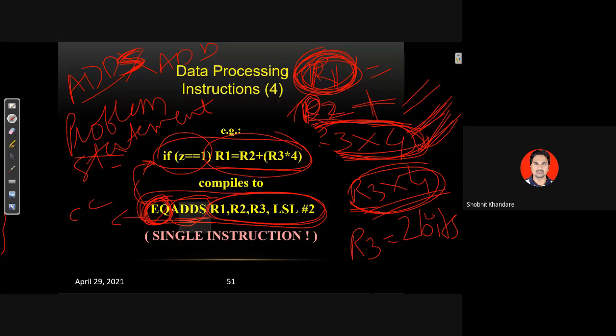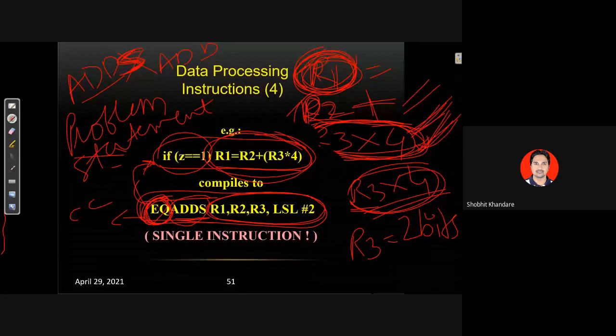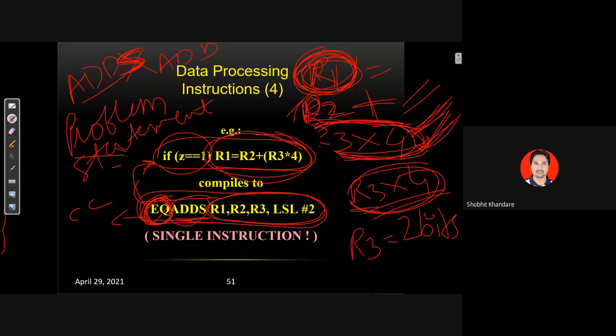ADDS. इसी में मैंने आपको S का भी सिग्निफिकेंस समझाया है, तो ये जो ऑपरेशन होगा इसका रिजल्ट आपकी कंडीशन कोड फ्लैग में भी रिफ्लेक्ट होगा, आपके CPSR में. Remember this. अगर S नहीं लिखा होगा तो वहां पे रिफ्लेक्ट नहीं करेगा. ओके, so ADDS R1, R2, R3, LSL #2. So this whole single instruction will perform this.